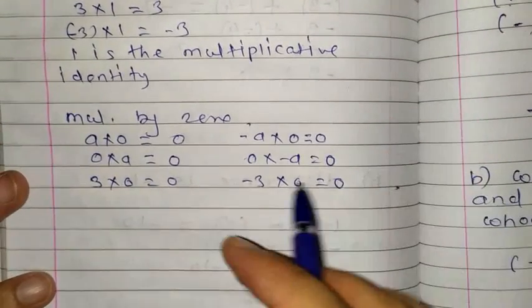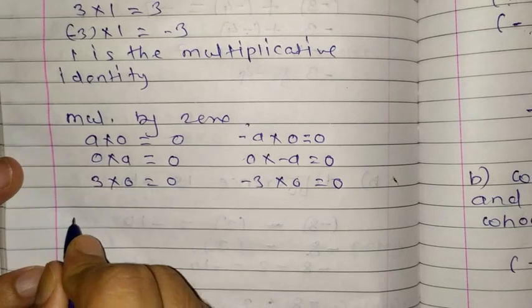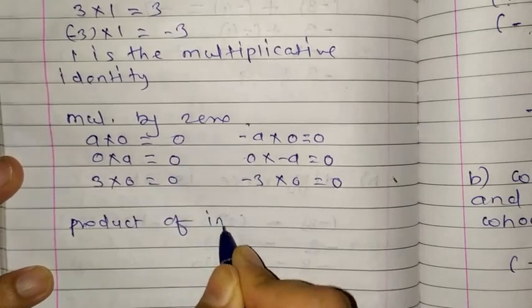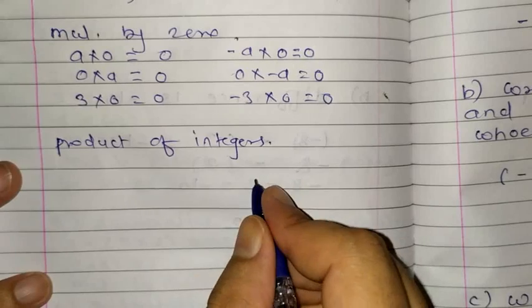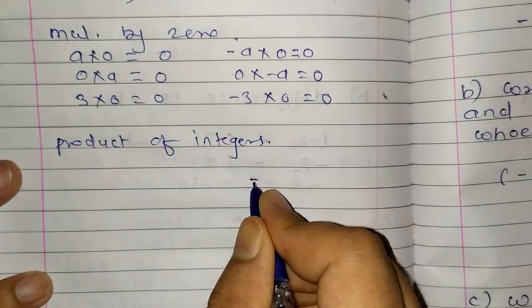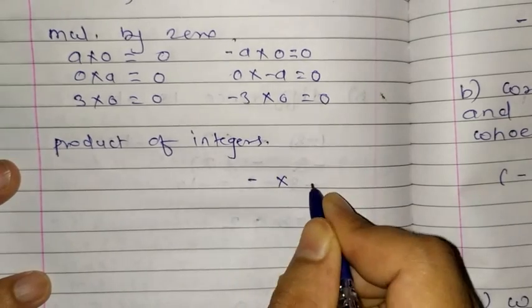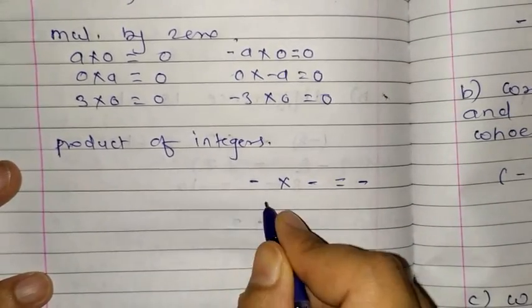Next topic that we will see here is product of integers. So in the product of integers, if the first number has a negative sign and the second also negative, then in the answer we get a positive sign.